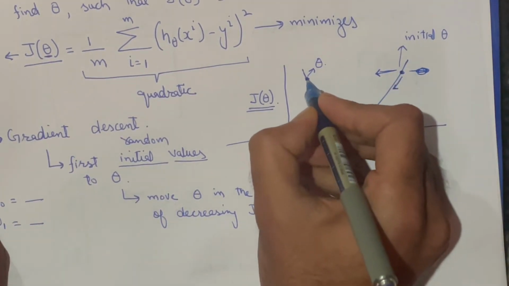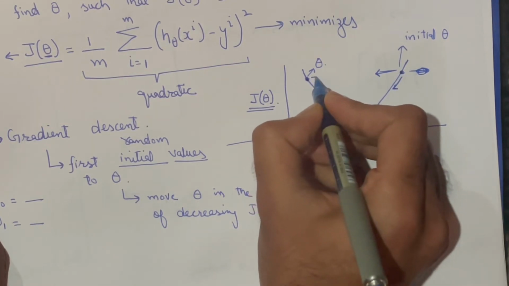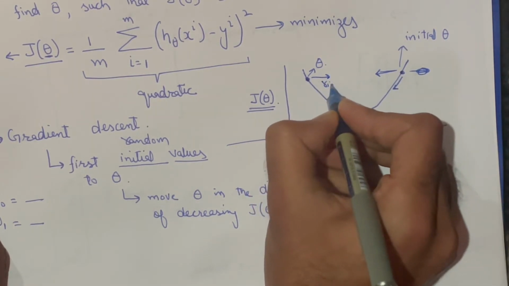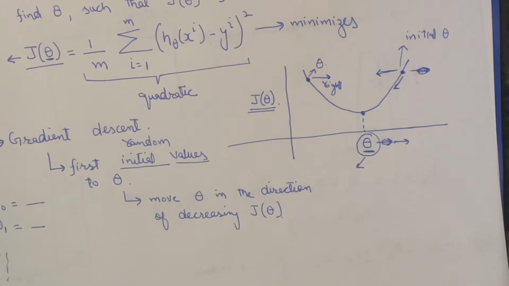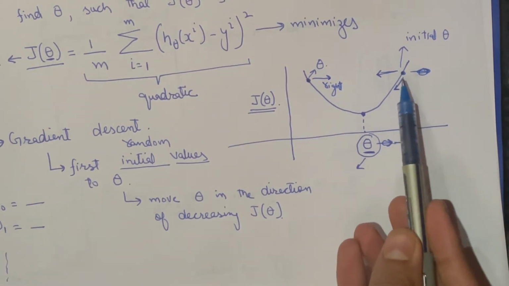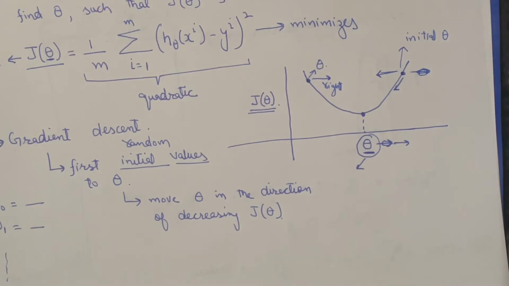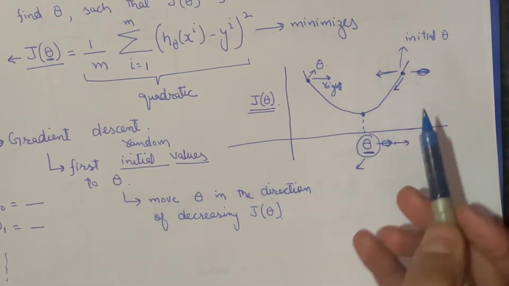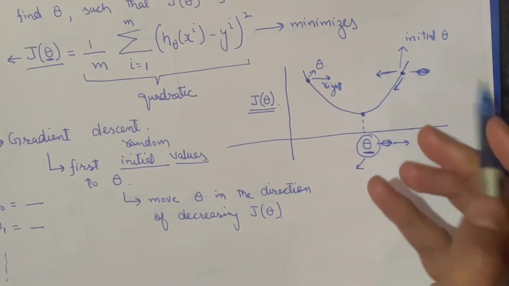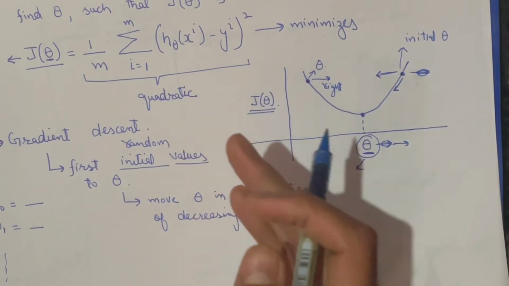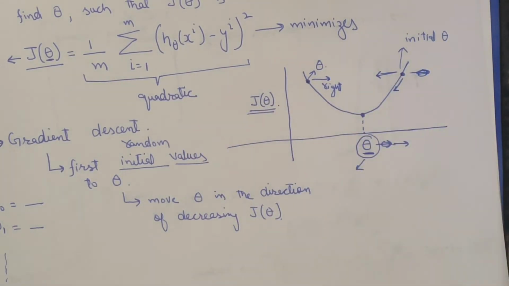But if my initial theta was here, I have to move in the right direction. So how will I decide whether J theta is decreasing if I move to the left side or to the right side?